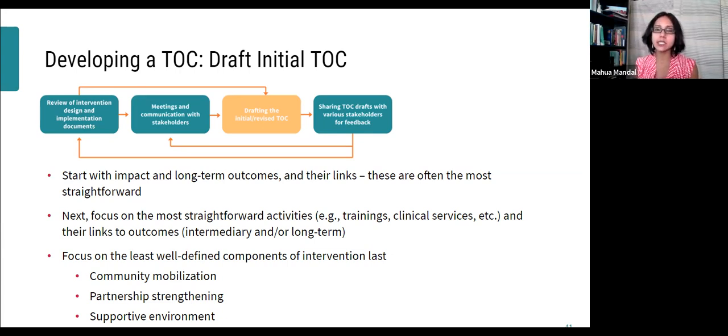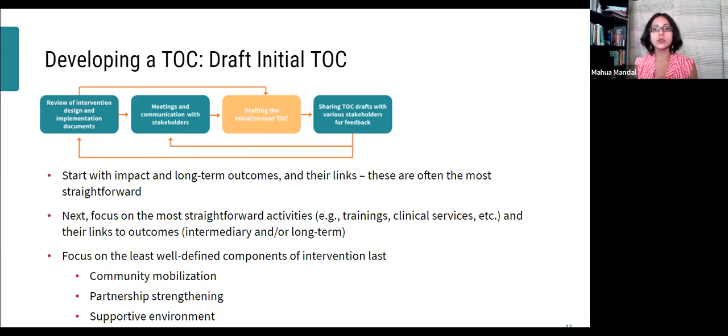When you start drafting the initial theory of change, you want to start with the impact and the long-term outcomes and the links between the two. And you want to start with those usually because they're the most straightforward. And it's important to work on the most straightforward components of the theory of change because these are most likely to be agreed upon by all stakeholders and they're least likely to change, at least not in a big way.